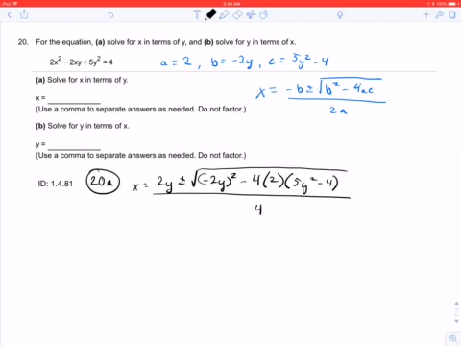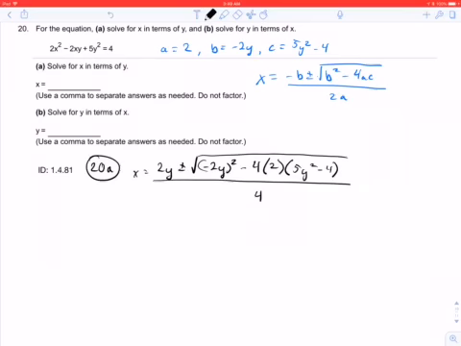Let's see. Okay, let's work on that discriminant. All right. So we keep our 2y plus or minus the square root. That's going to become what? 4y squared. That's an 8, and we got to distribute here and here. So that's 8 times 5 is what? 40. So that's a negative 40.